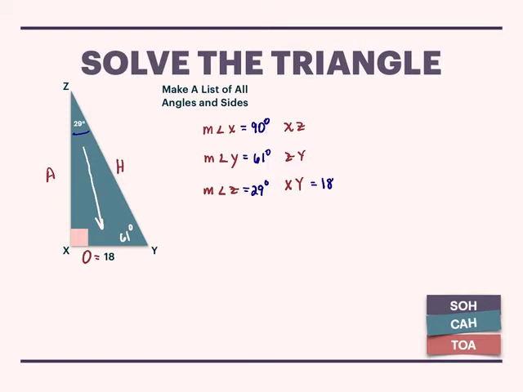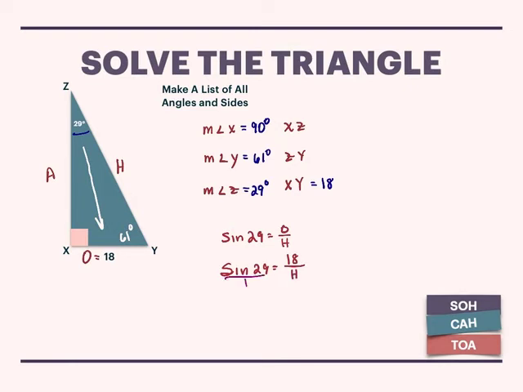And so now I just got to figure out which trig function I'm going to use. I want one that uses the opposite, and let's find hypotenuse. So opposite and hypotenuse, that's sine. So I'm going to write sine of 29 equals opposite over hypotenuse. So the sine of 29 is equal to, my opposite side is 18, and my hypotenuse, we'll just call it h.